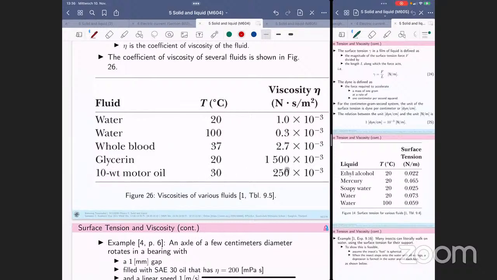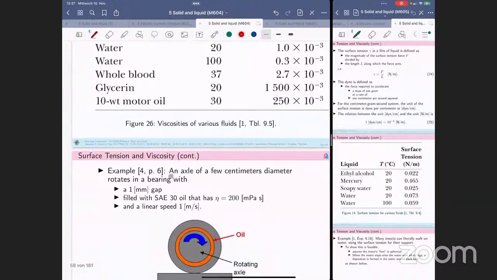Because when they have a large amount of viscosity, the metal component would have a thin film of that stuff, and with that, the friction is going to be reduced, so that we can have a long life of the engine.